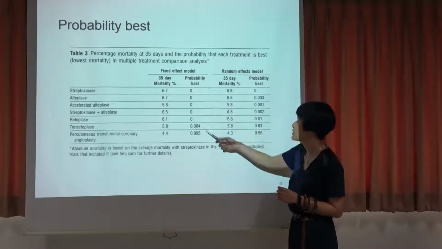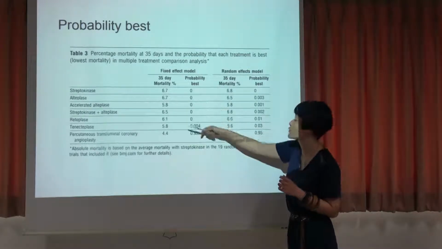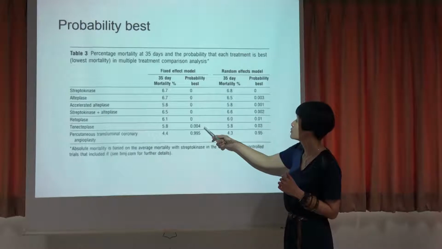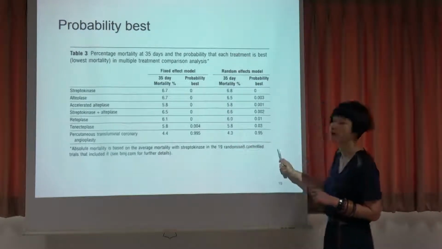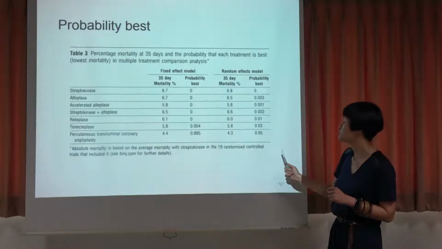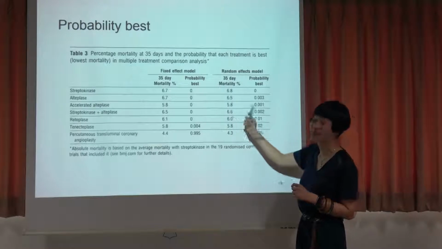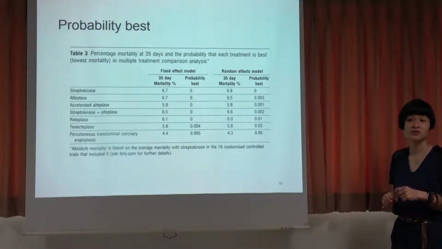And then the rest, the probability of any of them being the best option out of all this is very low, 0, and this is just slightly above 0. And you can do this for fixed and random effects model in a network meta-analysis as well. So it gives you ranking, which is also quite useful in HTA decision making.